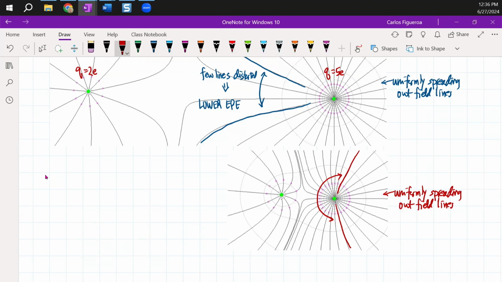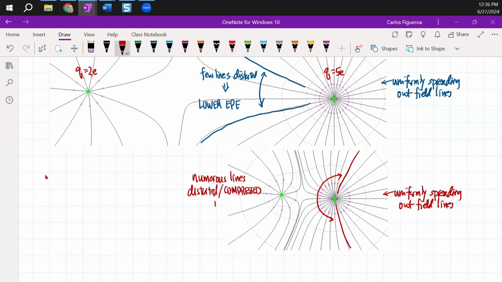So what you're seeing is that there are numerous lines distorted. Now, one of the things I want you to think about when I say distorted, look how the field lines are being, in this case, compressed too.